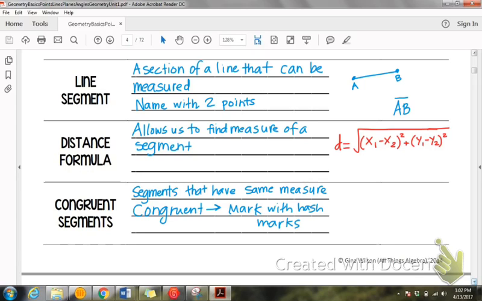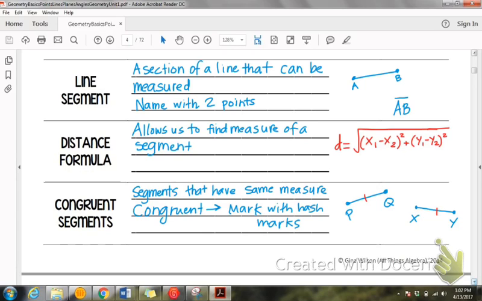So, for example, if I have this segment here, we'll call this one PQ. And I have XY over here. If these are the same, I'm going to mark them with the hash mark.